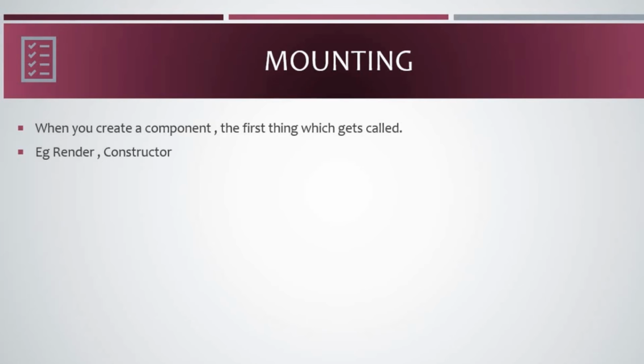This constructor is the method which is called immediately after a new component has been created. The constructor is the place where you can initialize a state and bind event handlers. This we have also seen in our previous tutorials. Just as a recollection, in the constructor only you have to initialize the state and bind event handlers. You can't do that outside the constructor.